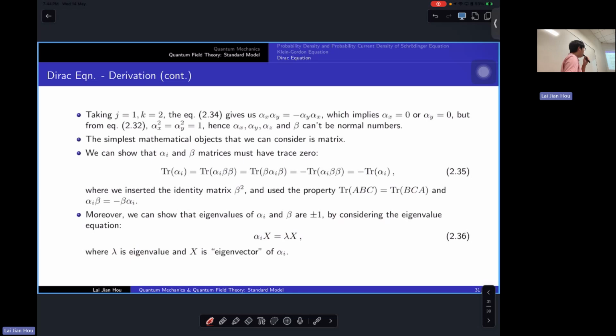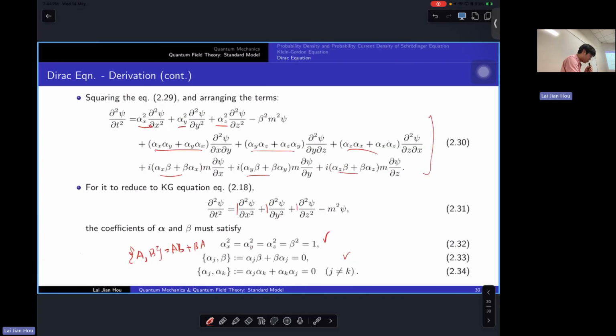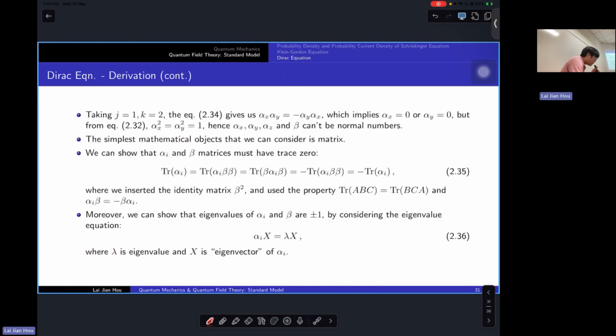And we consider that alpha and beta perhaps can be numbers. But if we take j equal to 1, k equal to 2 in equation 2.34, this one corresponds to x, one corresponds to y.